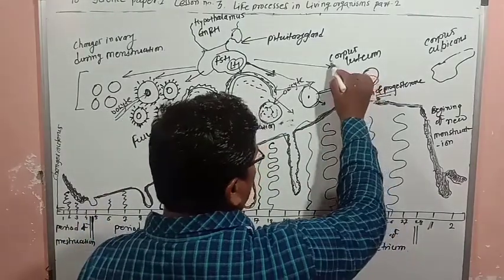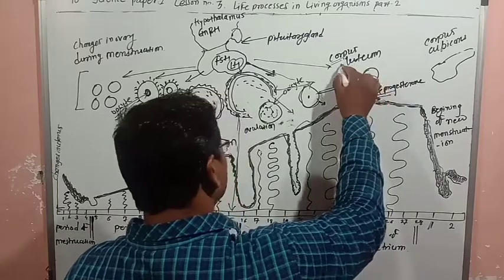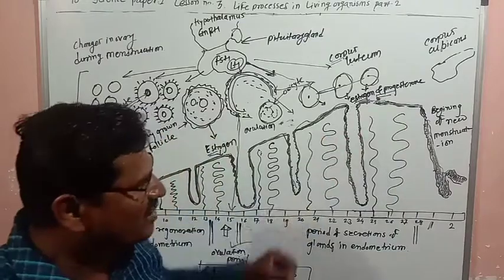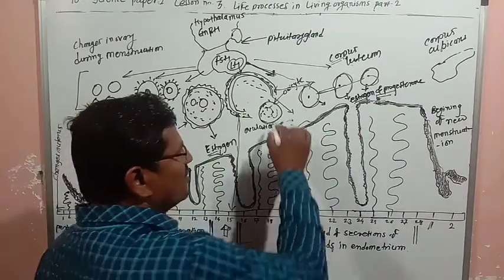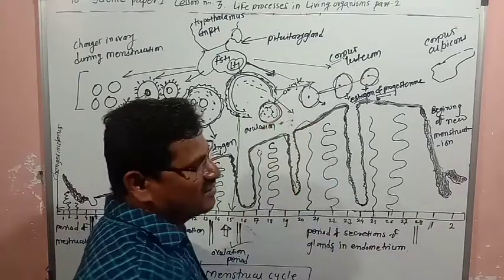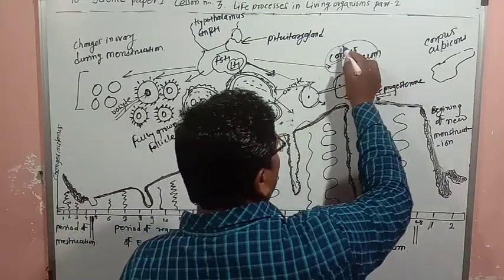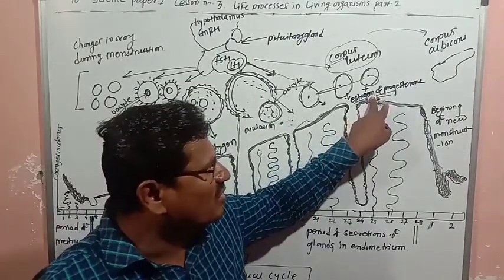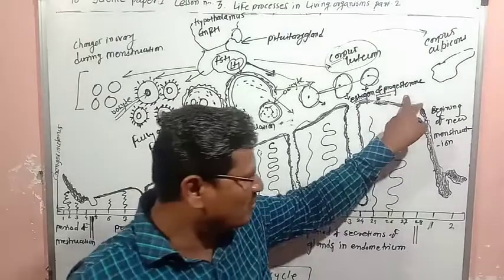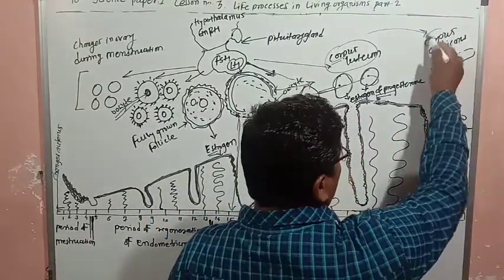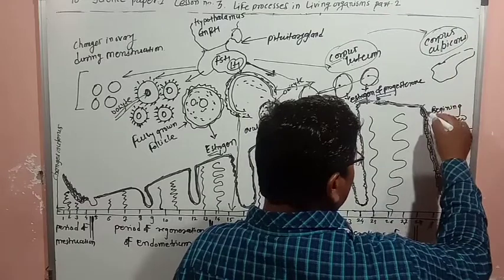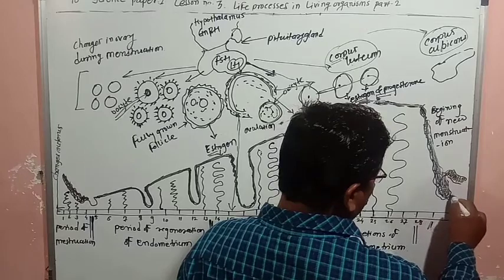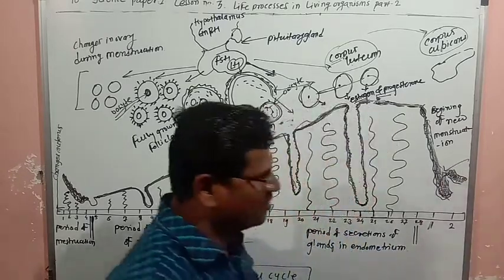Suppose the oocyte is not fertilized, then the corpus luteum gets converted to corpus albicans, and corpus albicans will stop the formation of estrogen and progesterone. Under its effect, degeneration of that layer will start, and after 28 days menstruation will take place again.